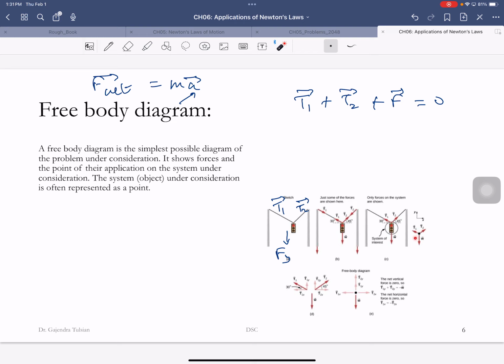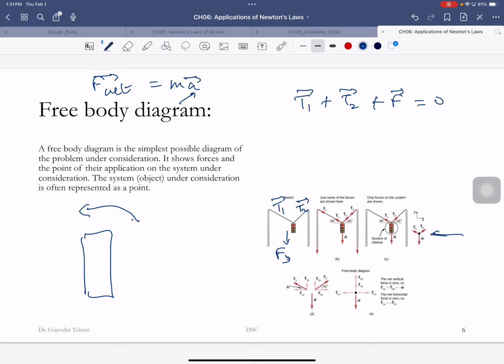For now, no matter what it is, we're going to represent it as a point. We will start representing things as not points when we start talking about objects spinning. That won't happen till, let's say, chapter 10 or so. So right now, as long as it's only linear motion, we'll represent them as point objects.